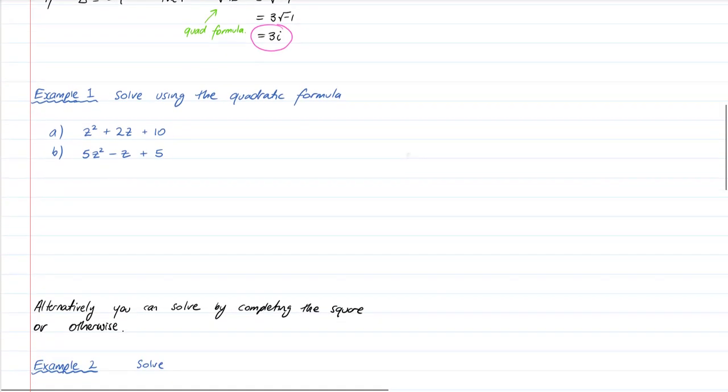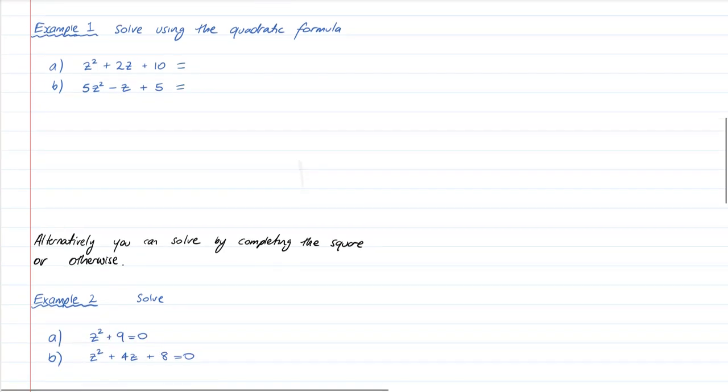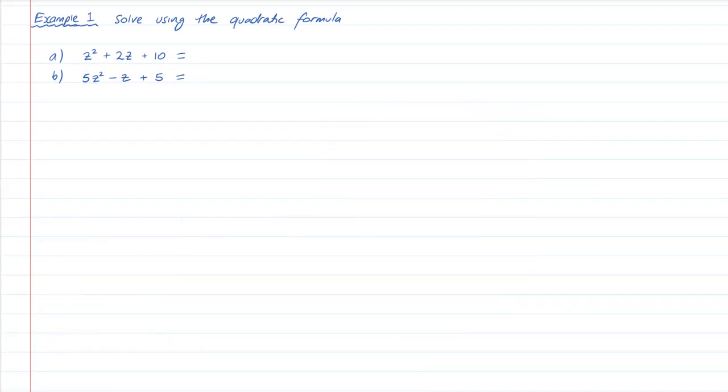So let's have a look at solving using the quadratic formula. These should be equal to 0, and we can solve these equations using the quadratic formula to give us a solution. So we'll start with A. For A, we've got z squared plus 2z plus 10 equals 0, leading to a equals 1, b equals 2, c equals 10.